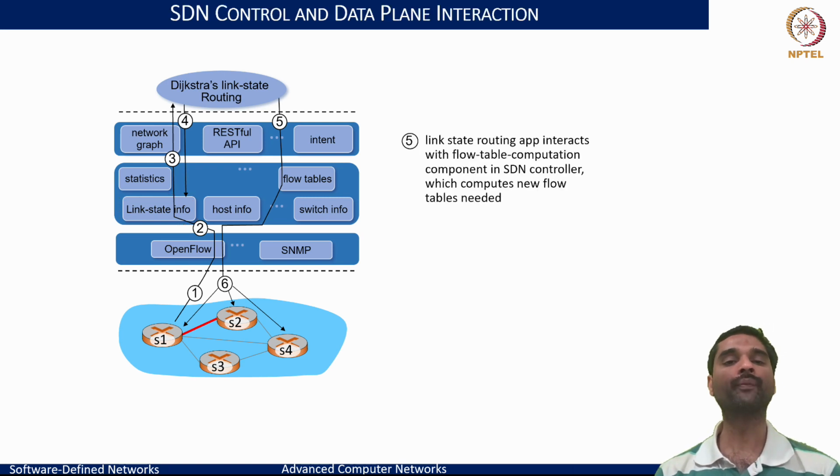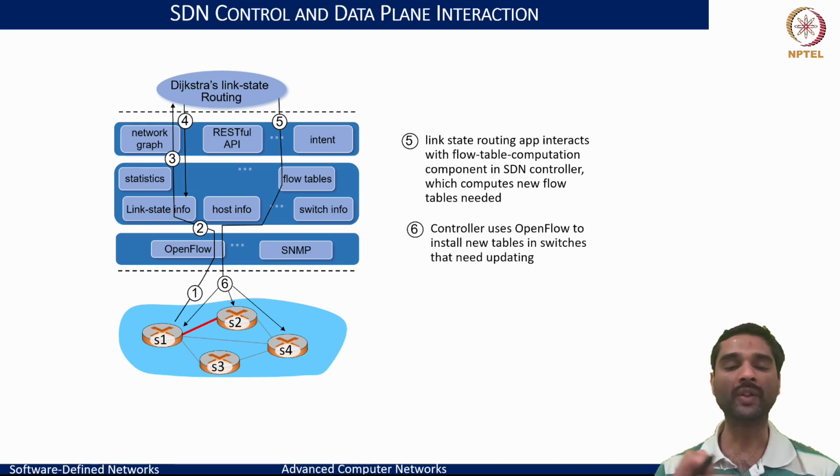And then it would pass on this information back to the link state info in the SDN controller using the northbound interface. Now, once there is an update that has happened on the link state info from the networking application, this link state routing application, it would then pass on these updates using the southbound interface down to all the routers S1 to S4.